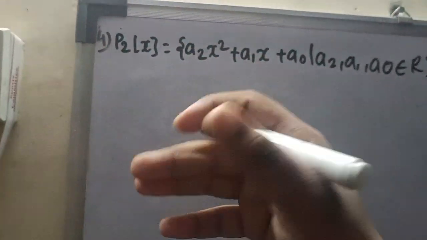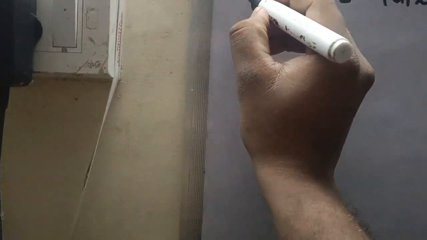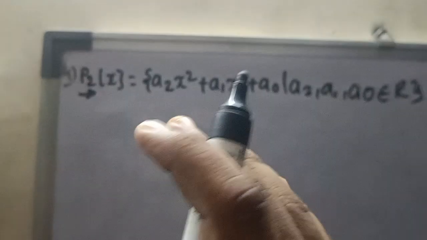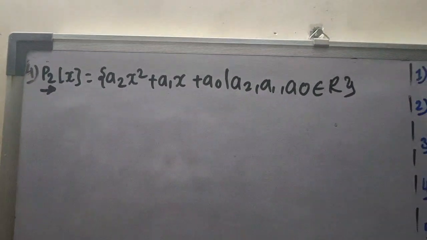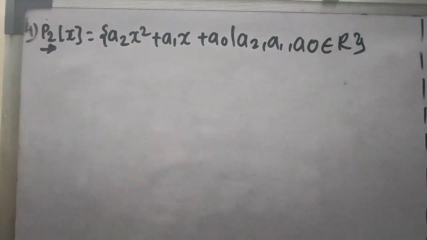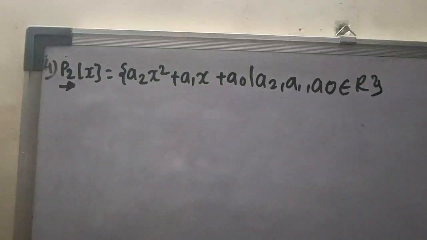So this question is again similar to the previous one. The only catch is that here the foremost degree is 2, which states that this polynomial has the highest degree as 2. To prove that, it's quite basic actually. If you refer to the previous question, you'll get it easily.